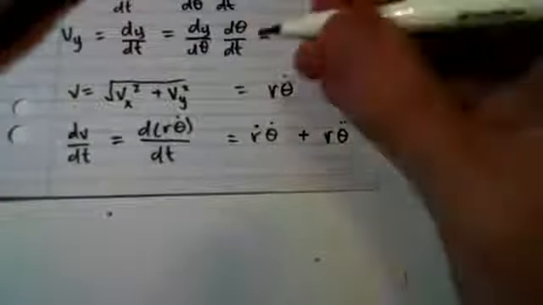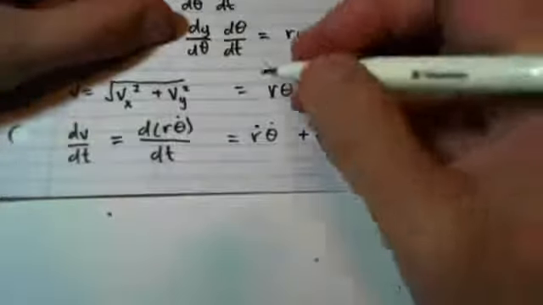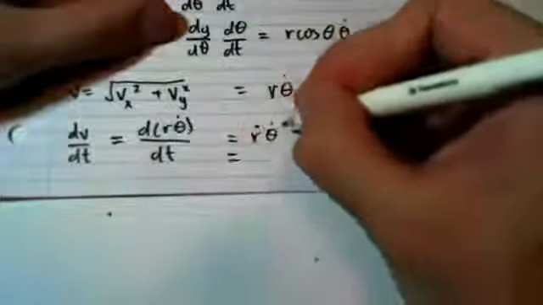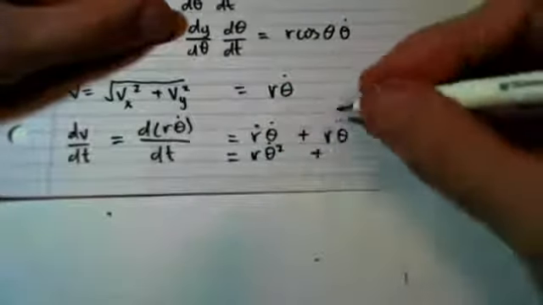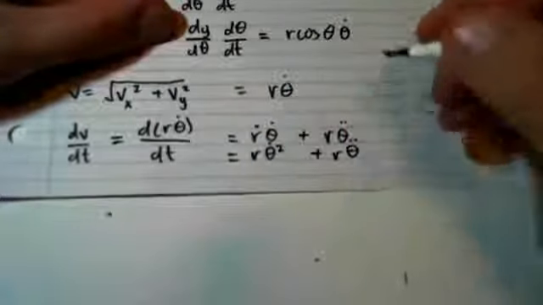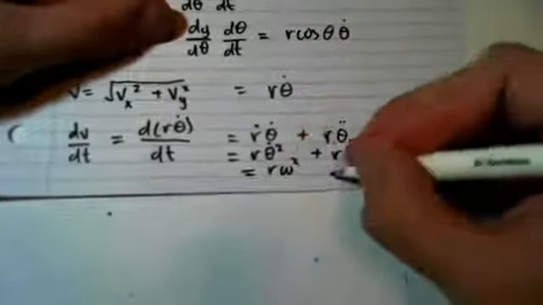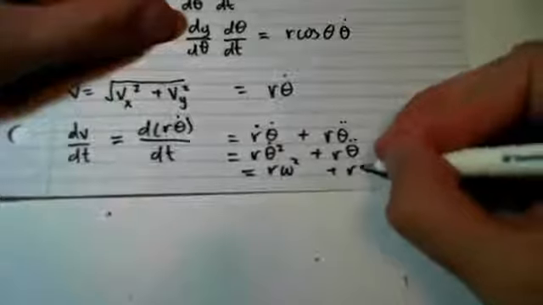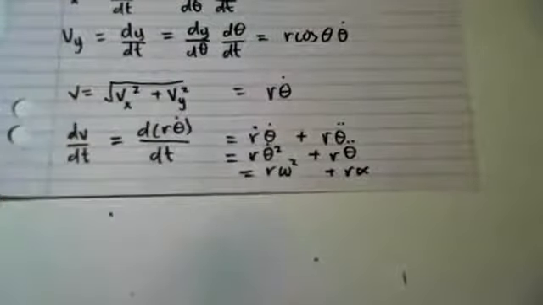Now we know that r dot is just r theta dot, so this term ends up being r theta dot squared, and our term on the right is r theta double dot, and that can be represented by r omega squared plus r alpha, which is our normal and tangential components of the acceleration.